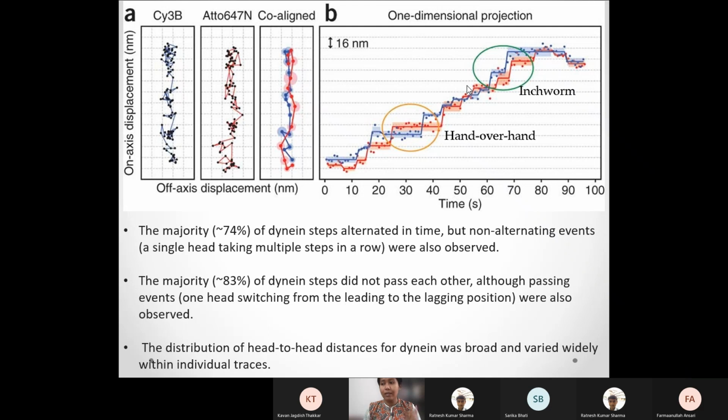As we saw, optical trapping tells you what the step size is. If you can directly see, with time, with such precision, that the fluorophore has moved here, then you're literally looking at something called step size, right? How much it has moved with time, you can actually see that. So this technique will tell you how it is moving on the microtubule, what the step size is. All of this information can be obtained from this technique.